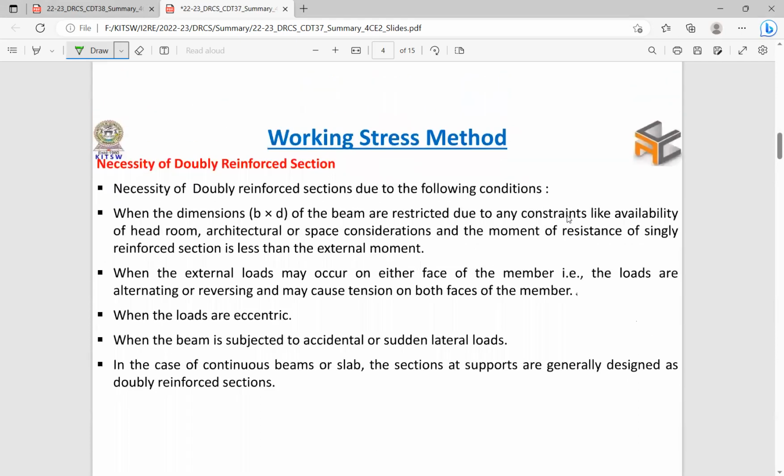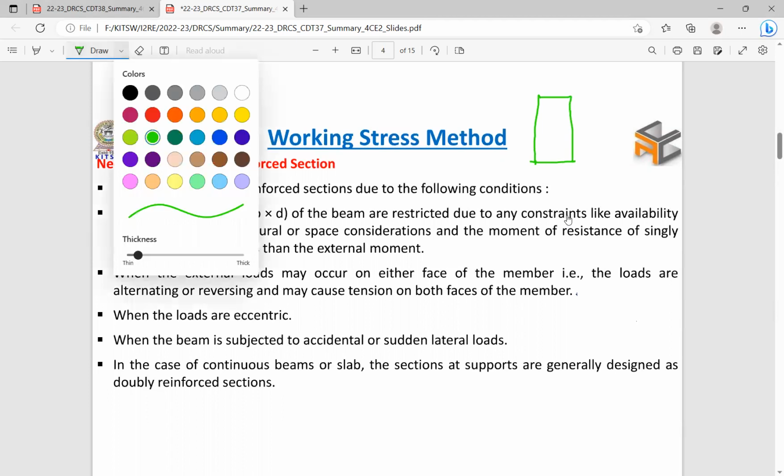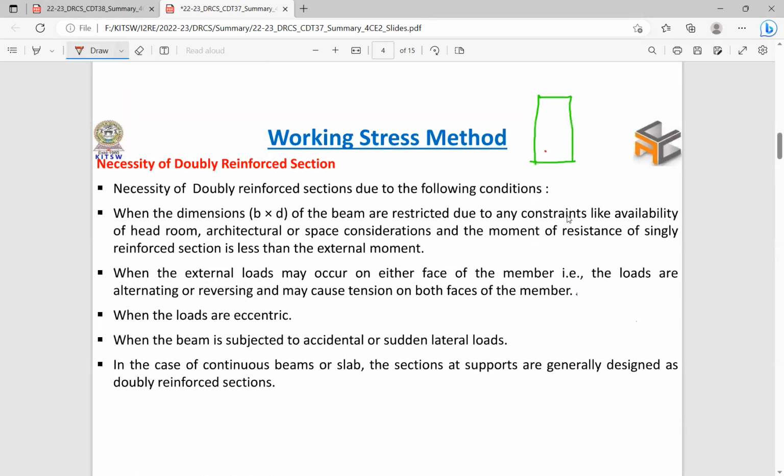Necessity of doubly reinforced beam. Generally a doubly reinforced beam is nothing but a rectangular beam where reinforcement is provided in the tension zone as well as the compression zone. Let us say this is your neutral axis. Above the neutral axis, the concrete fibers are under compression, and below the neutral axis, the concrete fibers are under tension.